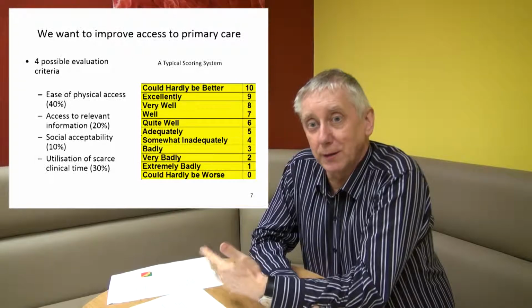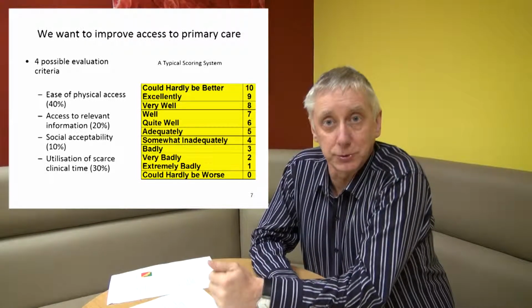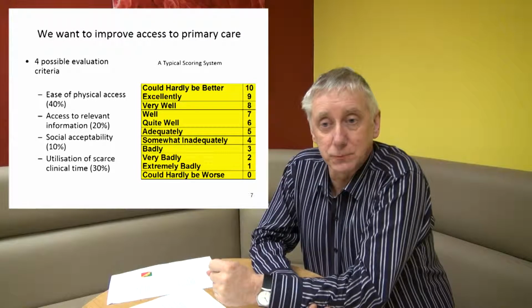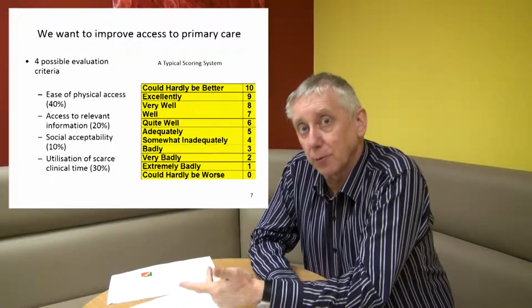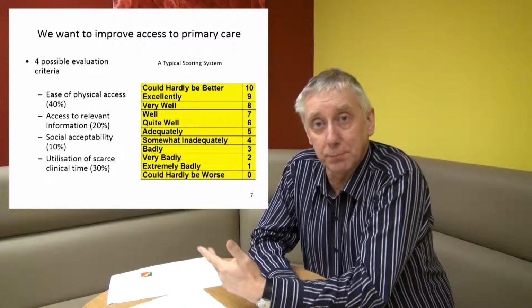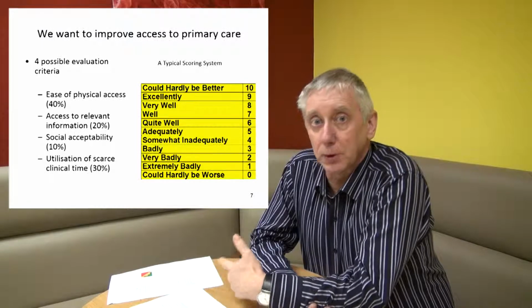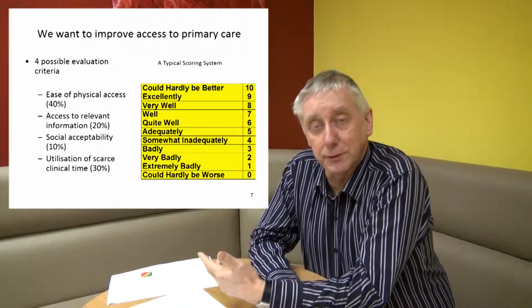I would start by listing the criteria by which we will judge any proposal that comes forward. So it might be accessibility. It might be ability to understand what's being provided to that vulnerable group. It might be cost. It could be a range of things, but you come up with those criteria and you weight them.